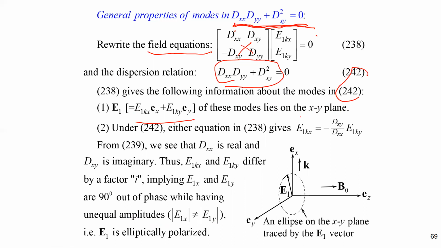This mode lies on the xy plane. The wave is propagating in the x direction, and the field is in the ex, ey, so we have Ex and Ey. Under equation 242, either equation gives this one.